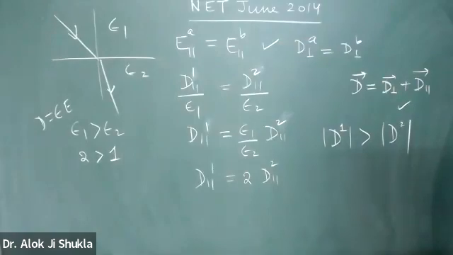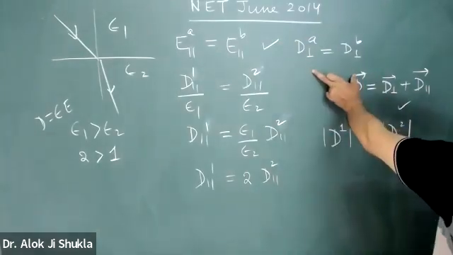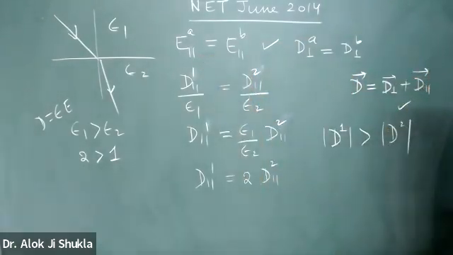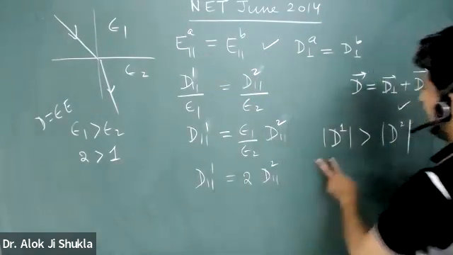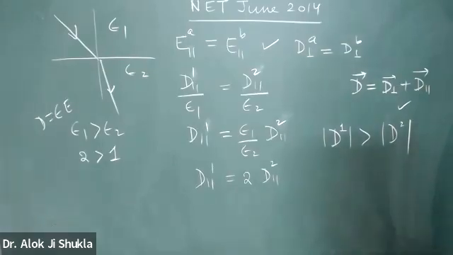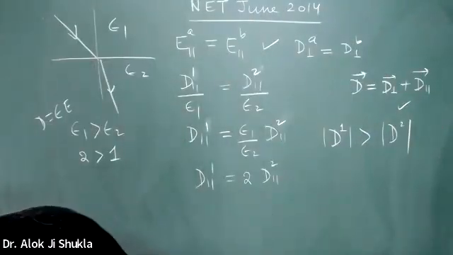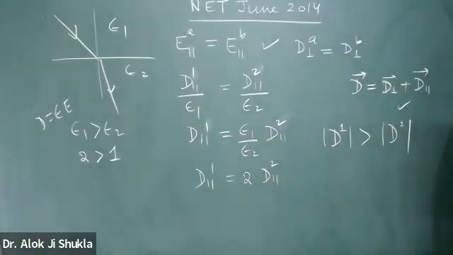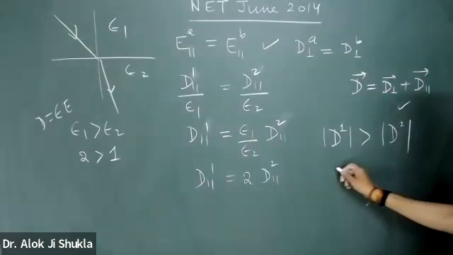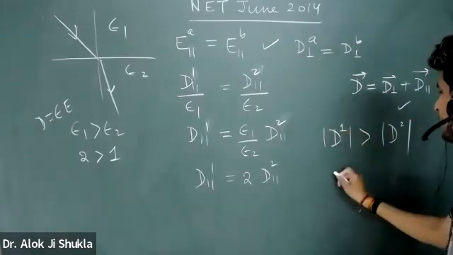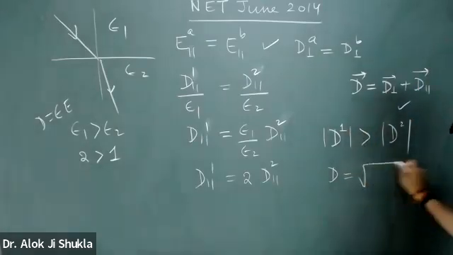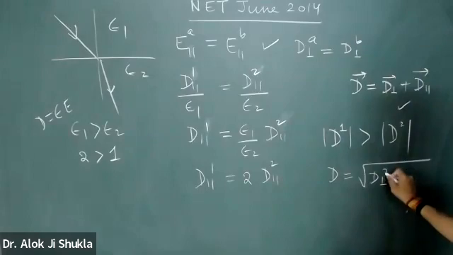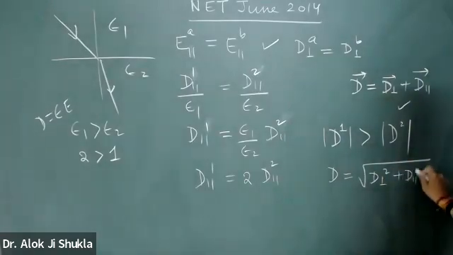ओके. यहाँ भी कोई फ्री चार्ज इन्वॉल्व नहीं है. एंड मैं D पैरेलल से D के बारे में कैसे कह पाया, कोई बताएगा? बिकॉज D परपेंडिकुलर कंपोनेंट्स ऑलरेडी आर इक्वल है. तो जब मैं मॉड लूंगा, D क्या होगा? Under root of D perpendicular square plus D parallel square.